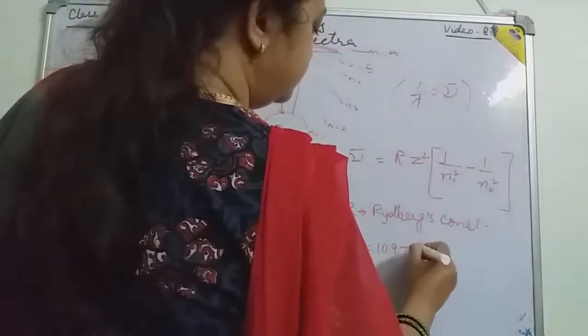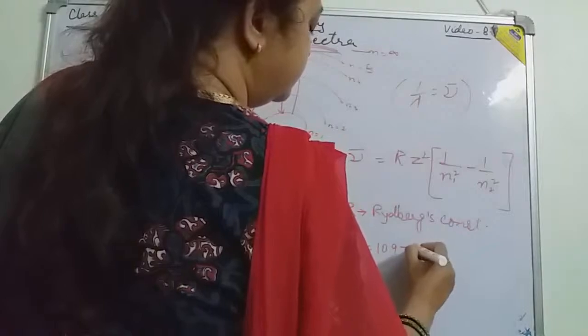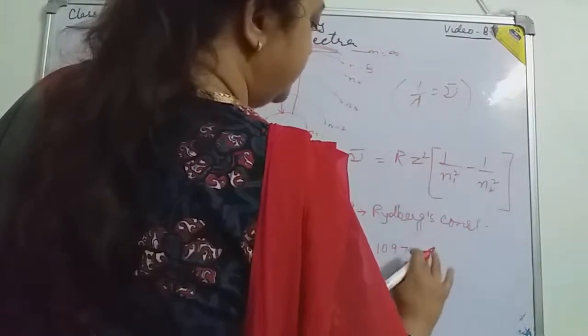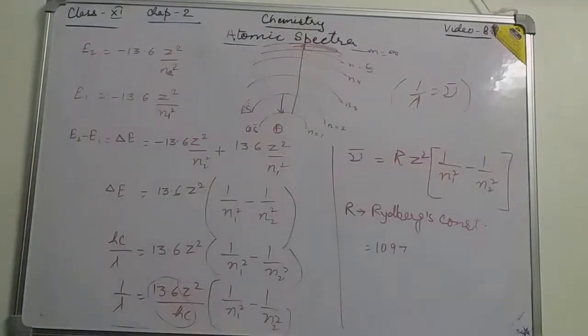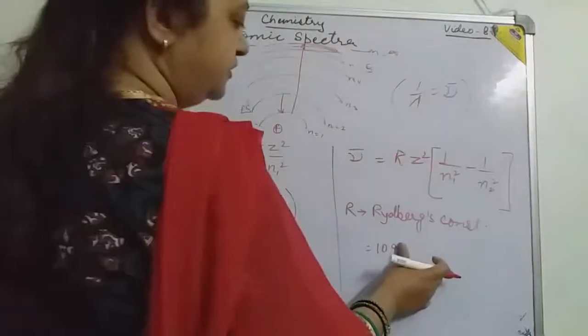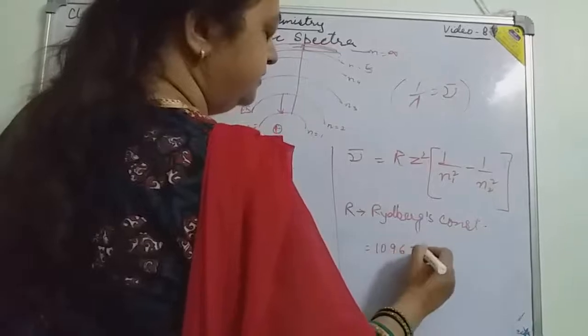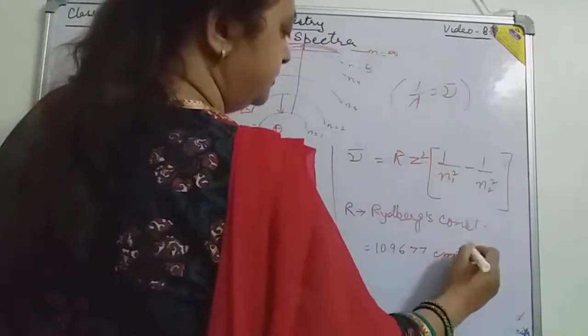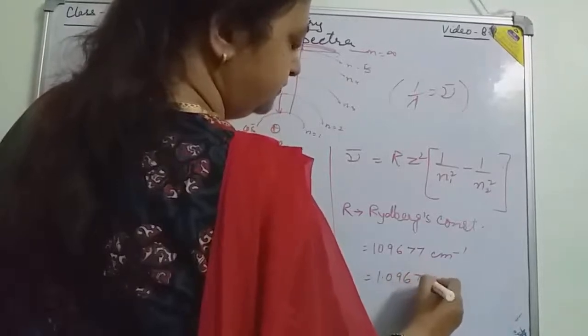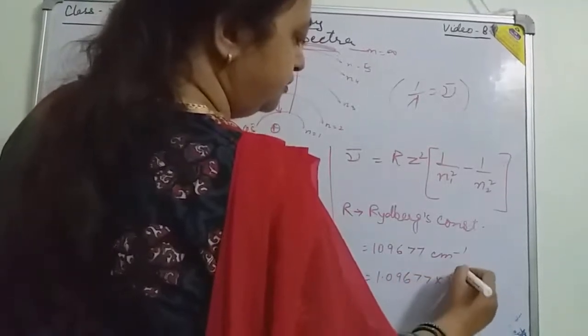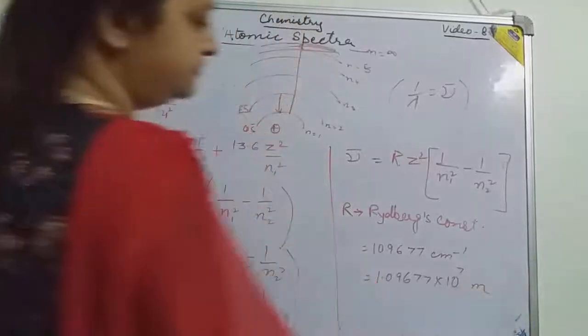And the value of Rydberg constant is 1097, or you can write it 109677 per centimeter, or 1.09677 into 10 to the power of 7 per meter.